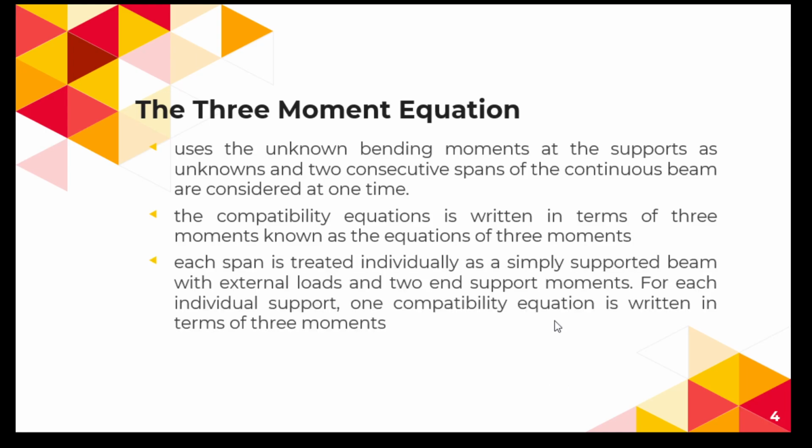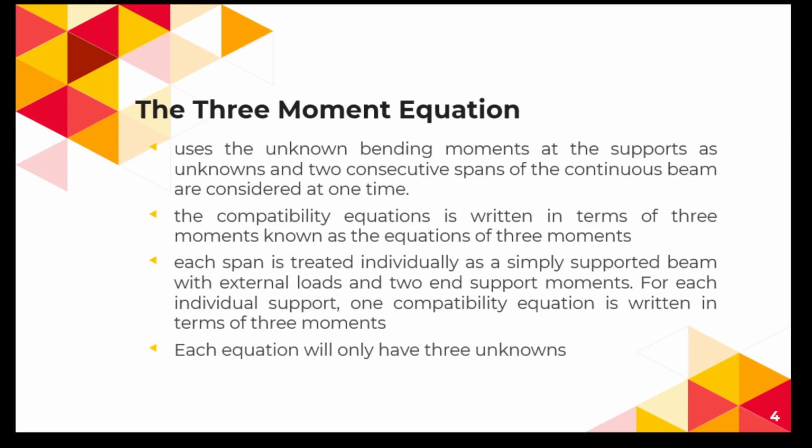And each span is treated individually as a simply supported beam with external loads and two end support moments. And for each individual support, one compatibility equation is written in terms of three moments.